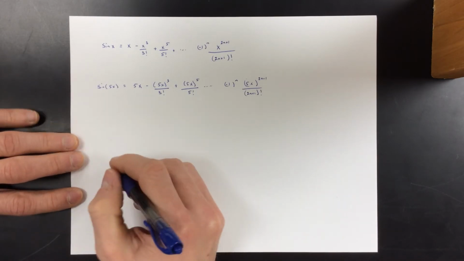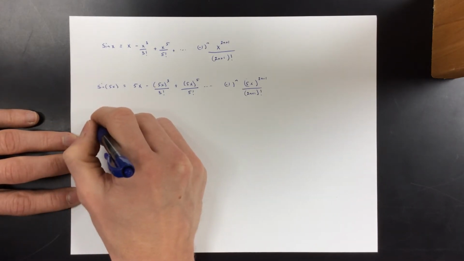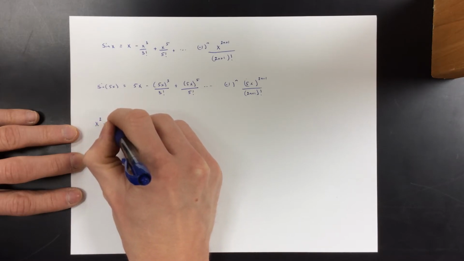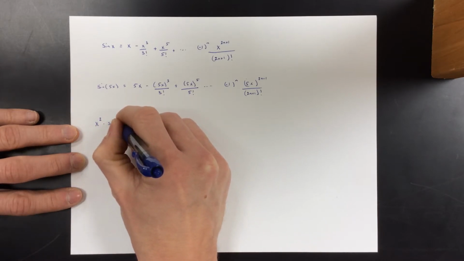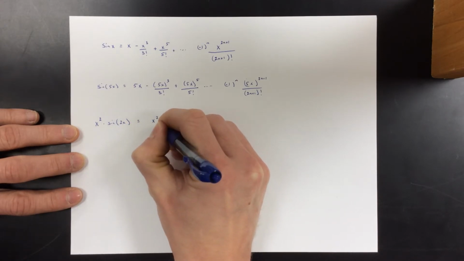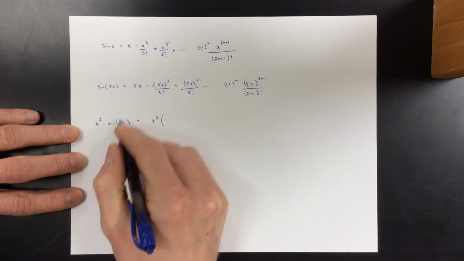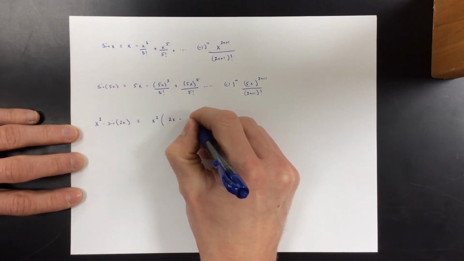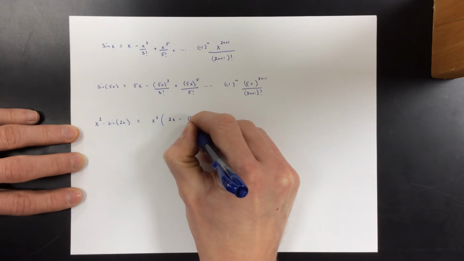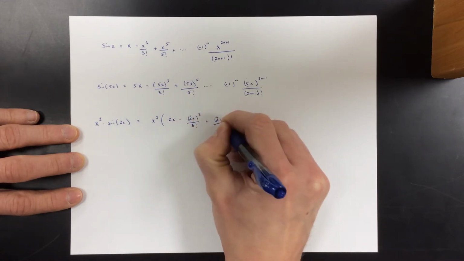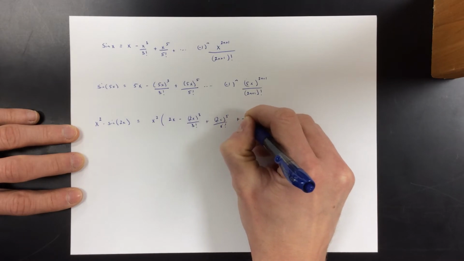I can even do things like x squared times sine of 2x. Well, sine of 2x is just putting a 2x in here: 2x minus 2x cubed over 3 factorial plus 2x to the 5th over 5 factorial plus dot, dot, dot.